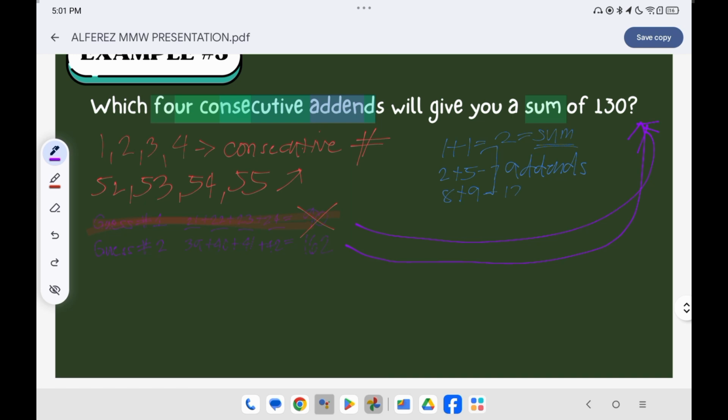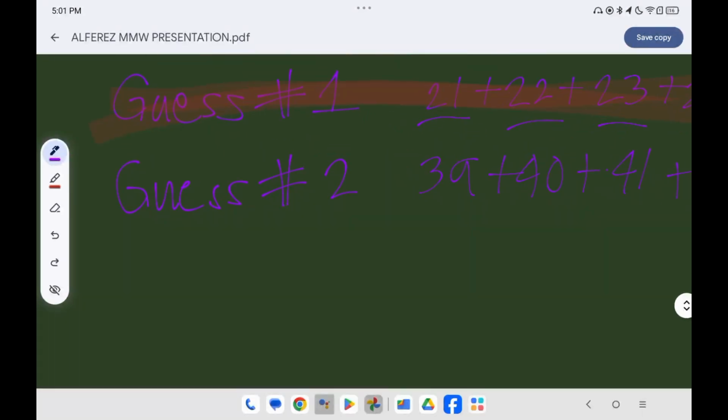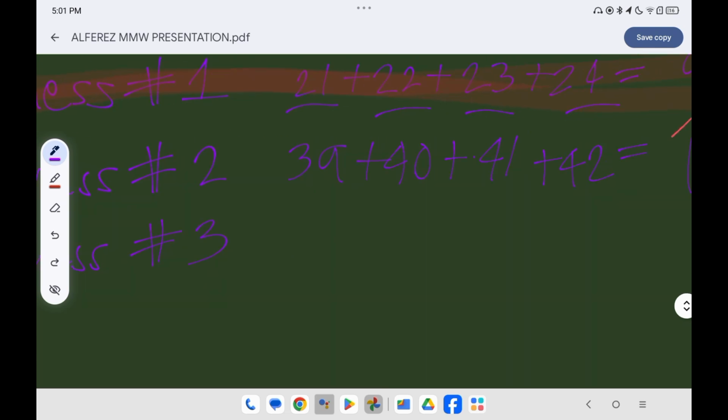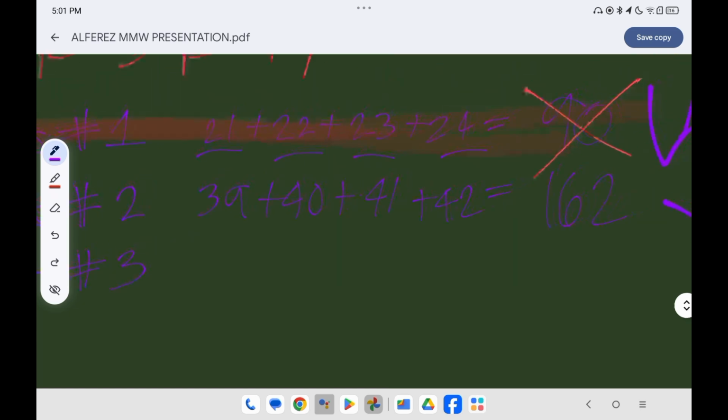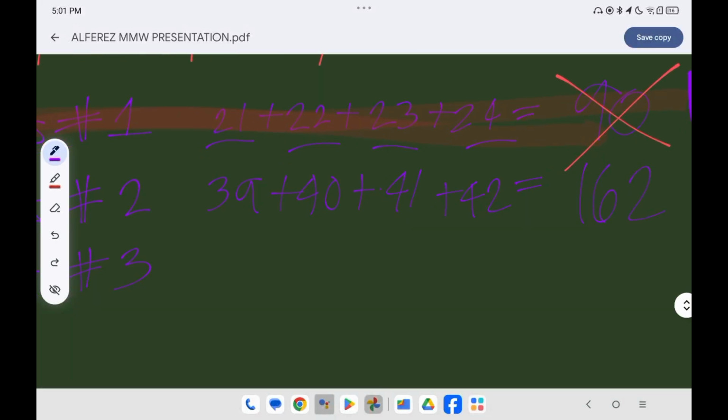In guess number 1, we went too low. In guess number 2, we went too high. Therefore, in guess number 3, it should be neutral, neither too high nor too low. So, guess number 3. Think of a number that is higher than 24 but lower than 39.